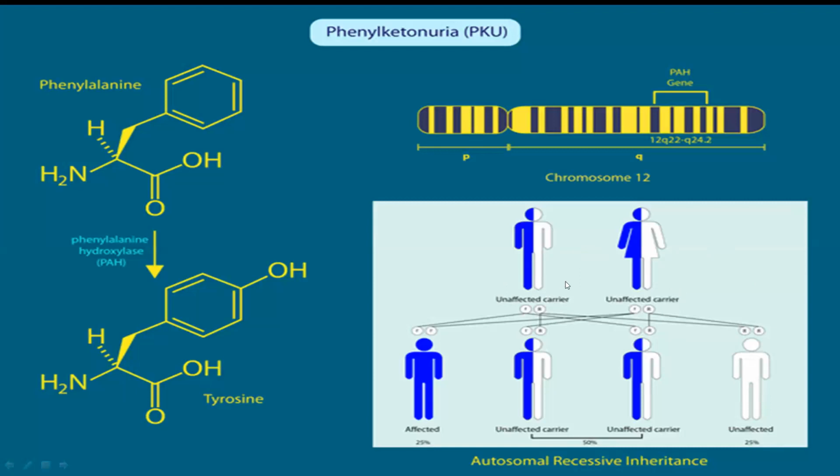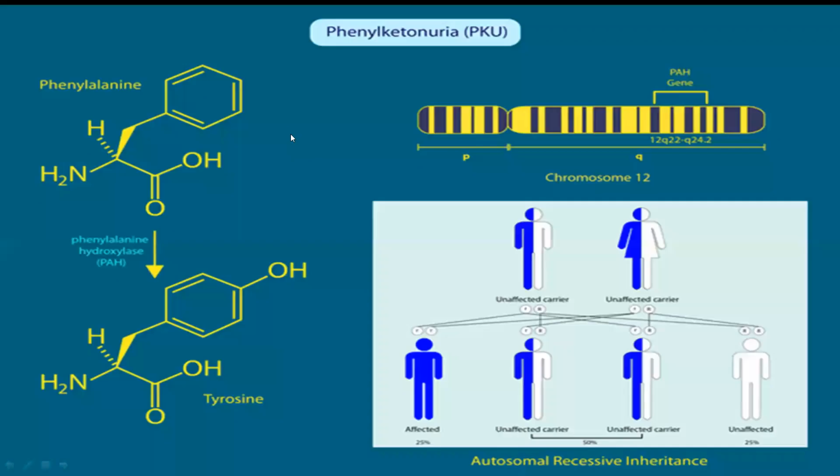If the mother and father are carriers, one child will be affected. It is just chances. What is the ratio? 1 out of 4 children will be affected. The ratio for carriers: half of them will be carriers.